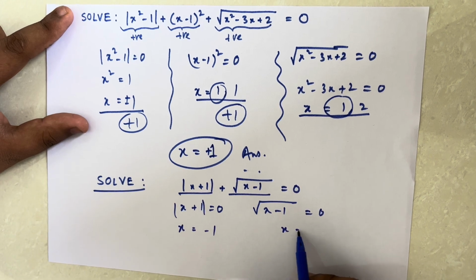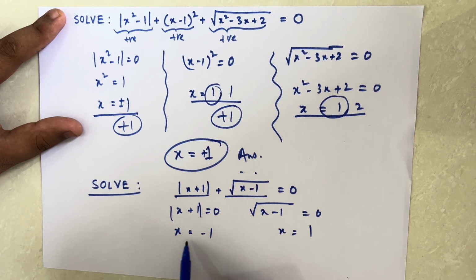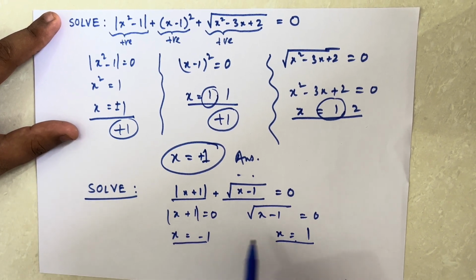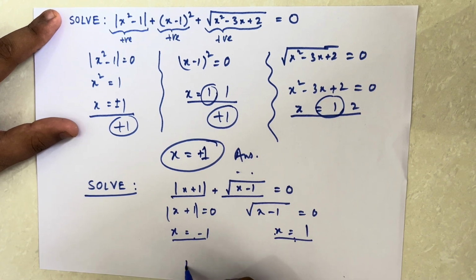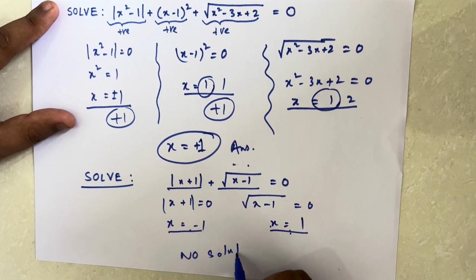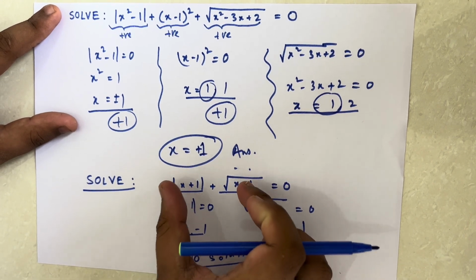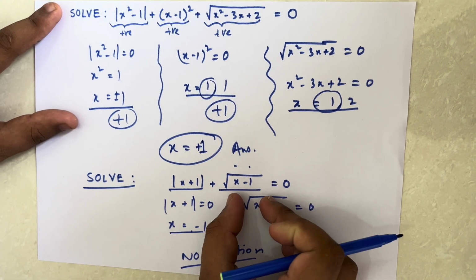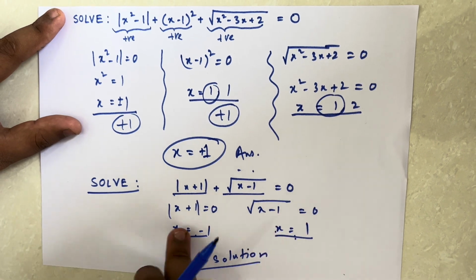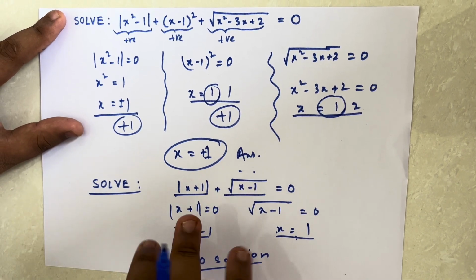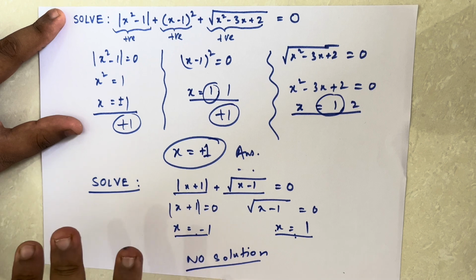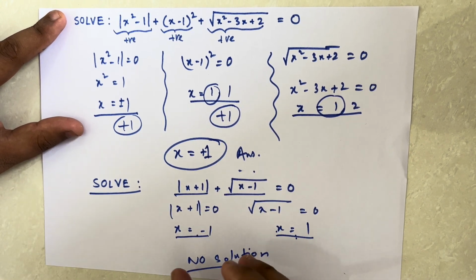If you see here, x is equal to 1. So x is minus 1, x is plus 1. There is no common solution. Hence it will have no solution. This question will have no solutions because simultaneously both of them will have to be individually 0, which is not happening. So we are not getting any common solutions over here. There is nothing common. So we will get no solution over here.